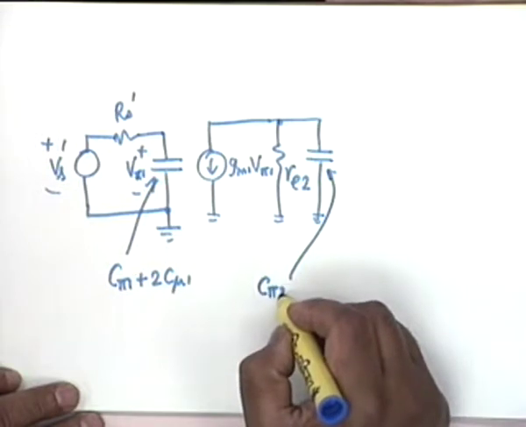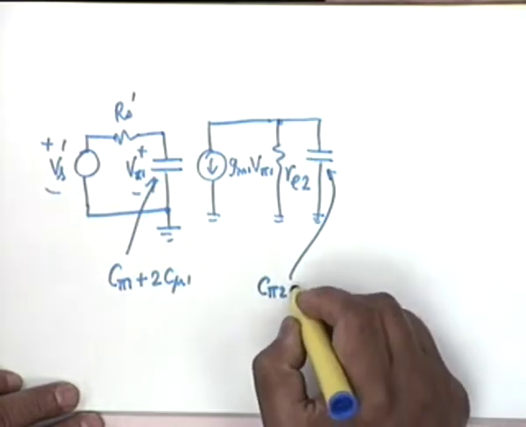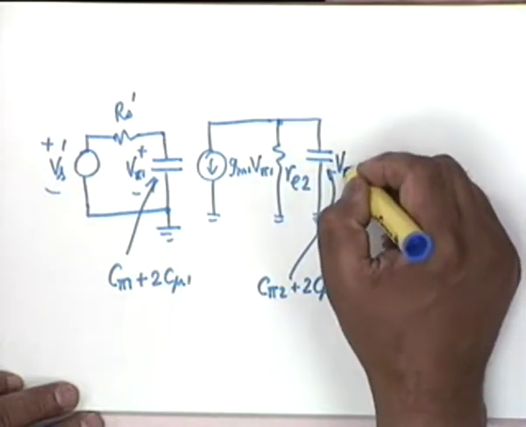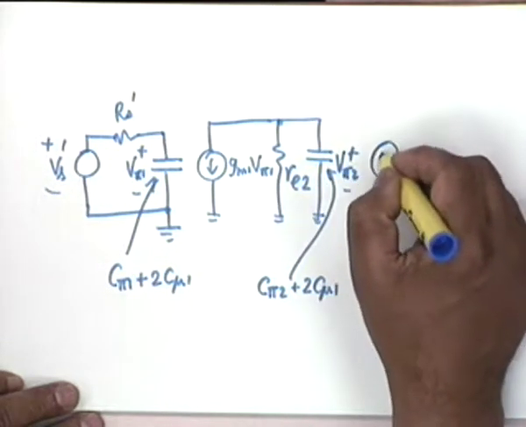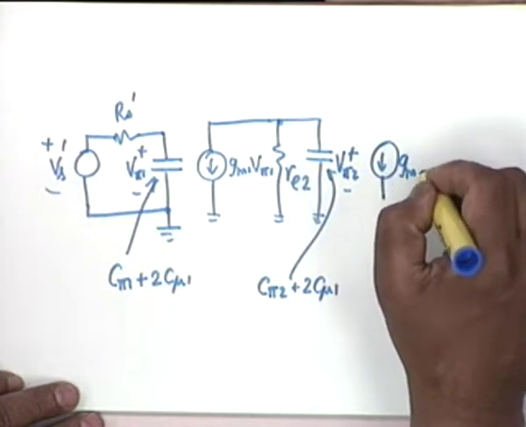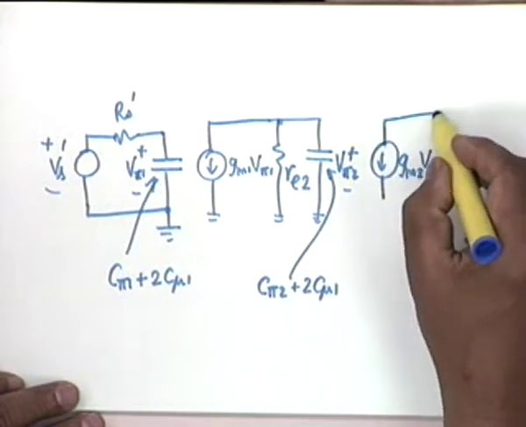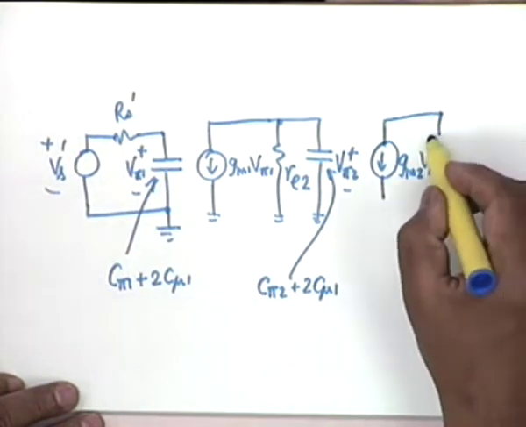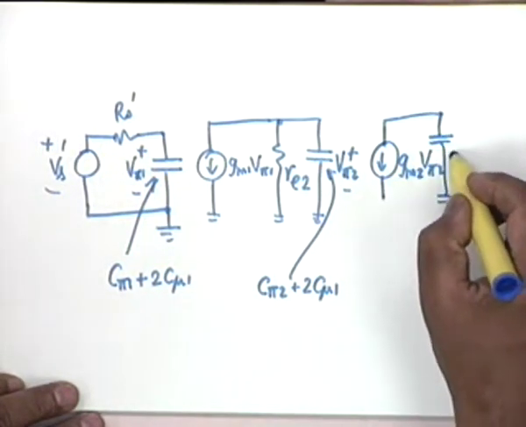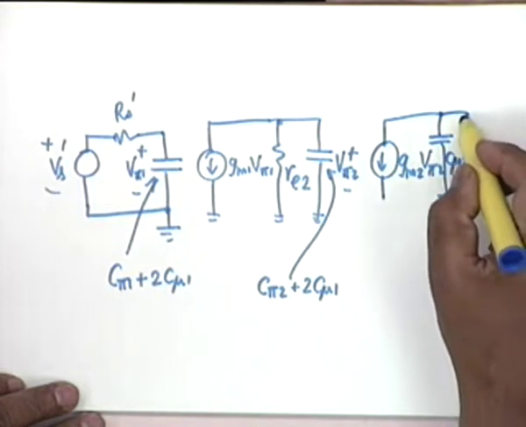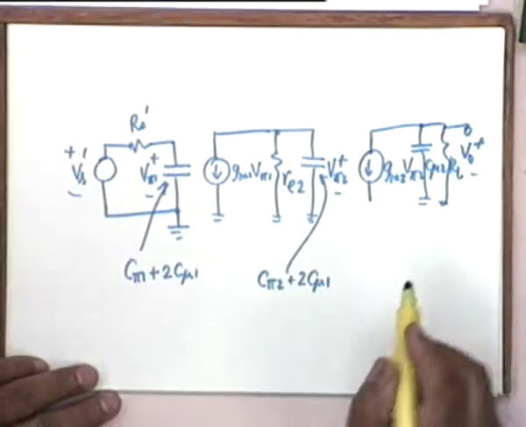C pi 2 plus twice C mu 1. And this voltage is V pi 2. Then we have this current generator which goes nowhere, GM2 V pi 2, and you have the parallel combination of C mu 2 and RL, and this voltage is V0.